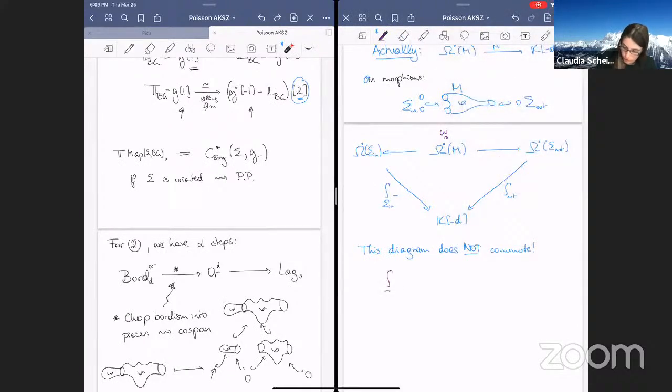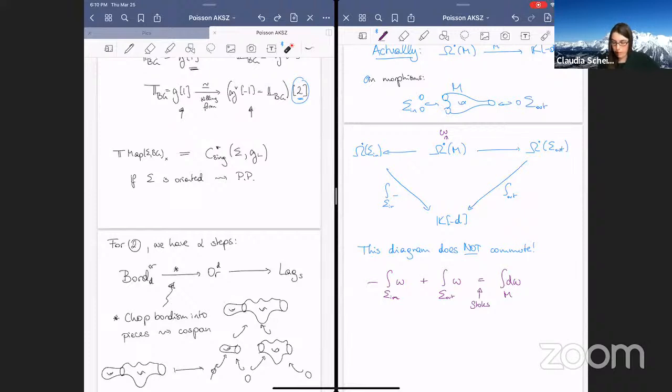If we integrate over omega, restricted, and we integrate over the outputs, they're not the same, right? Instead, Stokes' theorem tells us that there's a difference, which is exactly the integral over d omega.